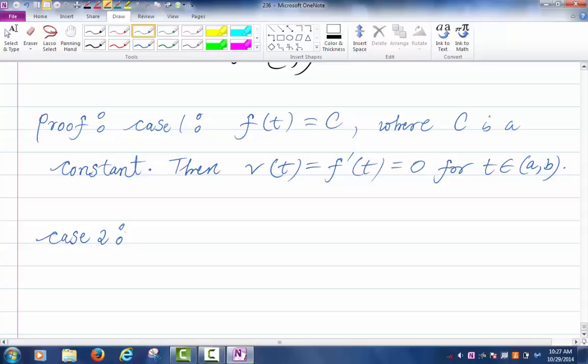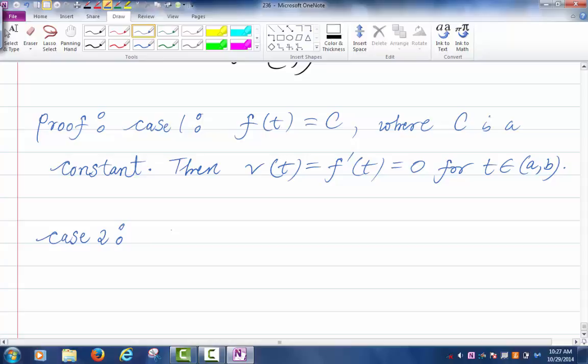Maybe the bug moves wherever the temperature is less, so it's going to move to a place which has less temperature. So case number 2 is that the bug moves to the right, which means the bug is moving away from the origin. Am I making sense? Initially, the position is at f of a, right? So from f of a, let's say it moves to the right. It means that the position is what? Increasing, right? Am I making sense?